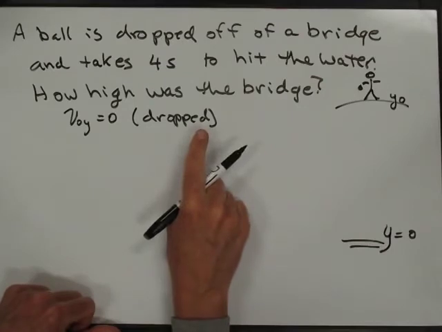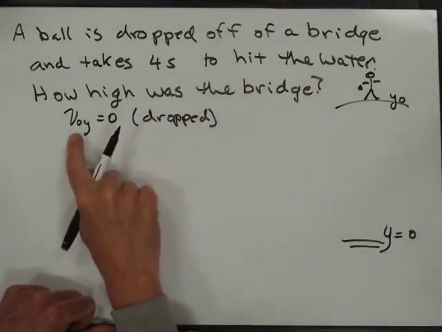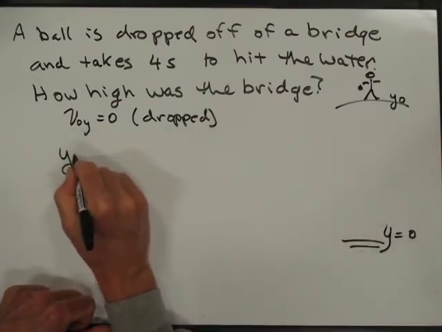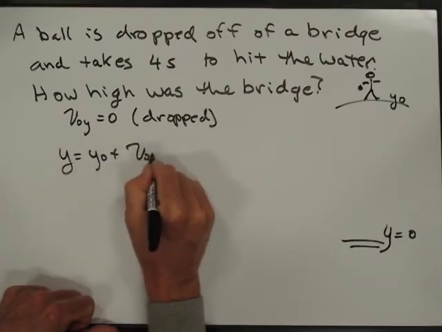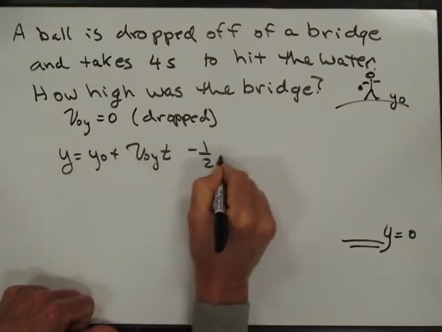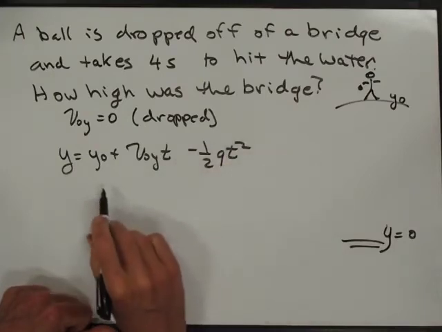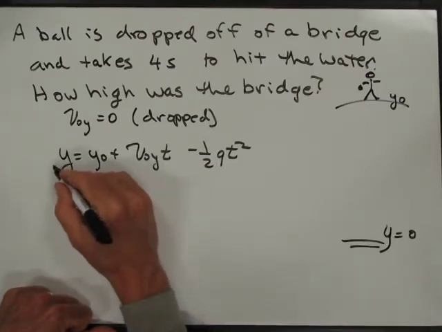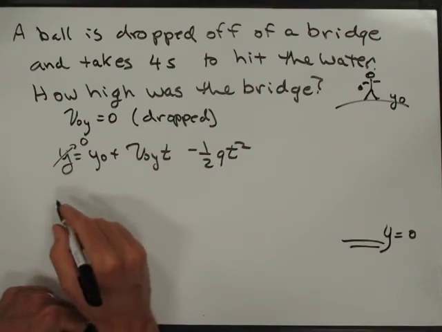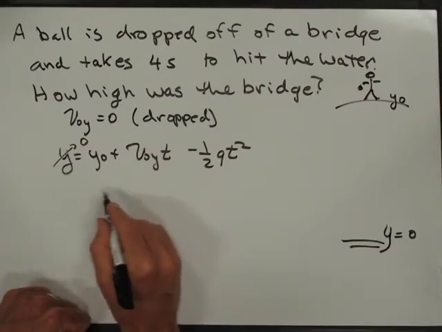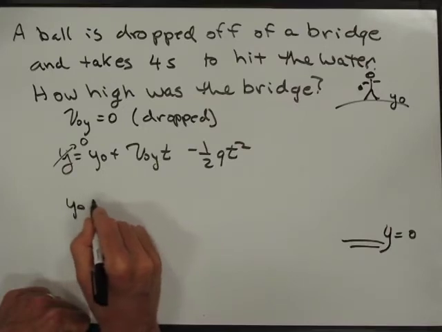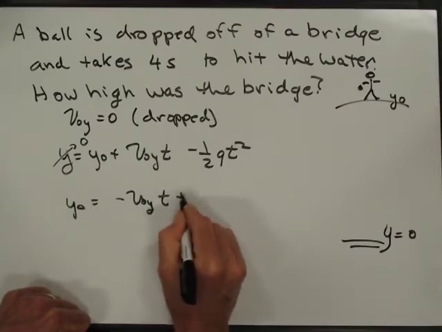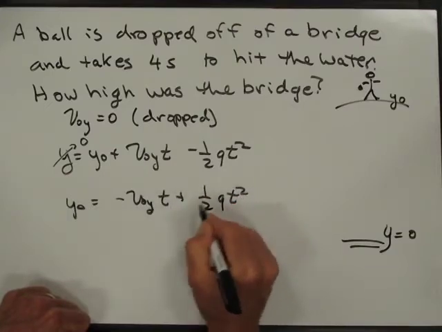And so I know the time, I know the initial velocity, I know the final position. I'm looking for the initial position, and you might grab equation 4. Again, I'm picking y to be 0, and so I can subtract the y0 over, or I can say y0 is equal to minus v0 y times time plus 1/2 g times time squared, right?